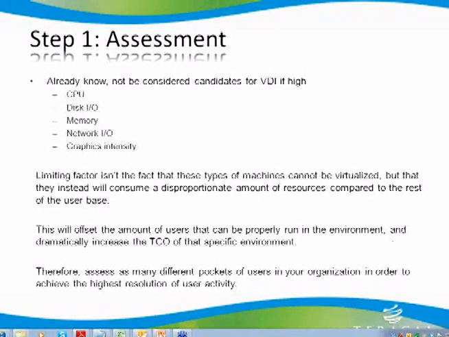Therefore, you should assess as many different pockets of users in your organization in order to achieve the highest resolution of VDI activity. Now, that being said, I should issue a bit of a warning. You do not want to second-guess client behavior.